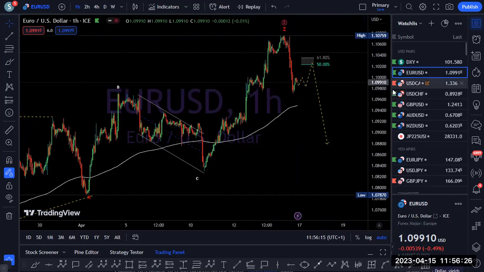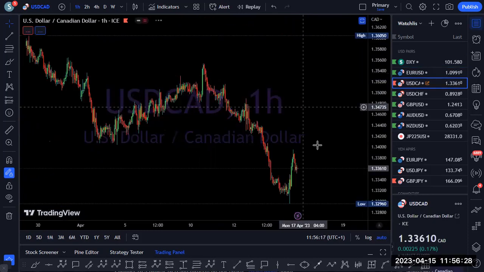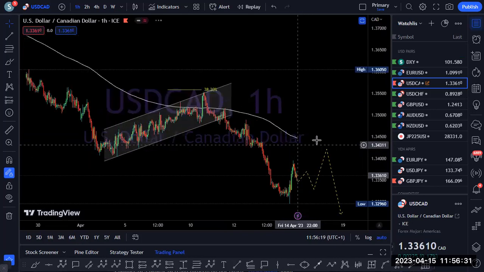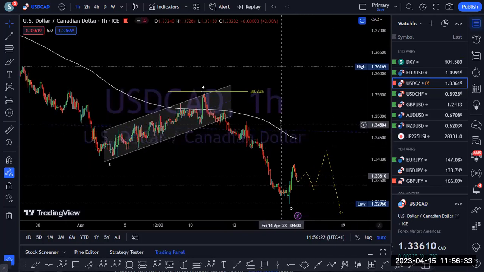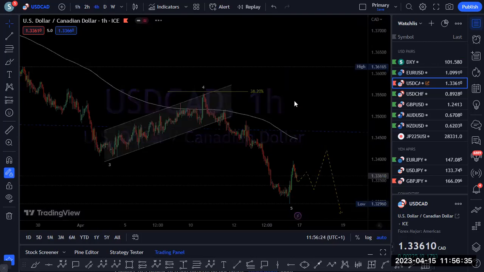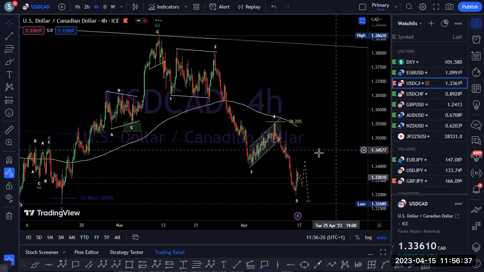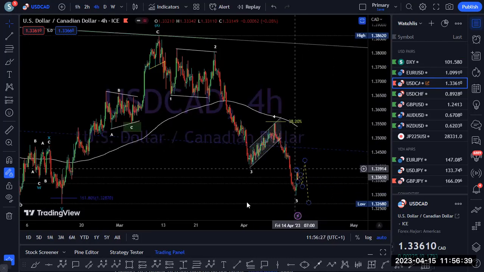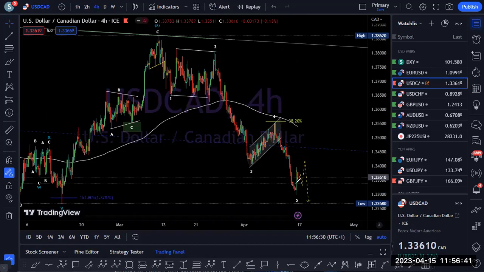Okay, USD CAD. We have two options here. Let's see 4 hours. On 4 hours, this can be the end of wave 5. Then there's possibility that this drop is part of wave 5, which means it can be 1, 2, 3, then A, B, C, 4.